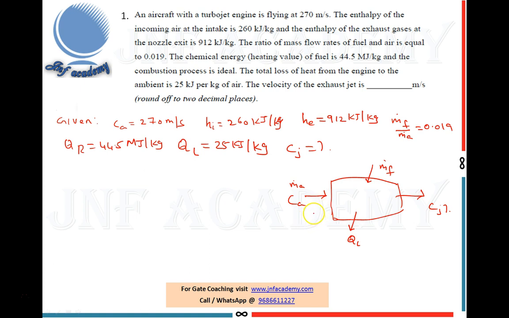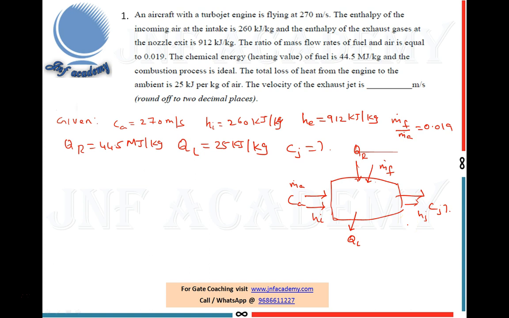The heating value of the fuel that is being added is QR. So that is getting added. Now this much information has been given, and also two more: the enthalpy of the gas that is getting in, HI, is given, and the enthalpy of the gas that is going out, HE, is given. Now CJ is being asked.